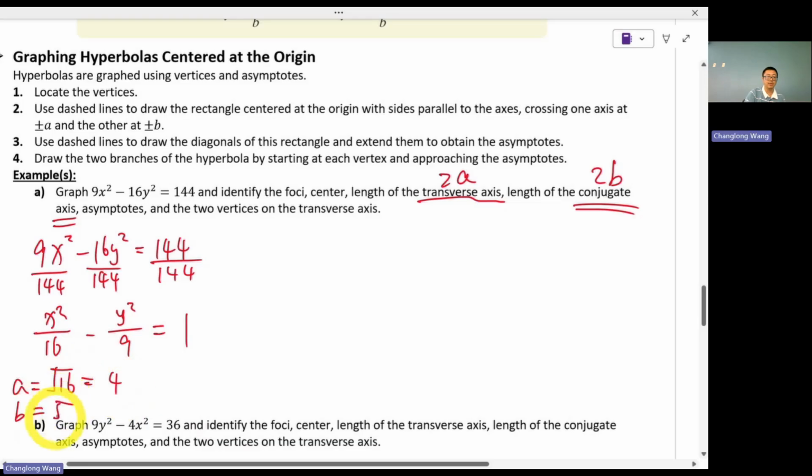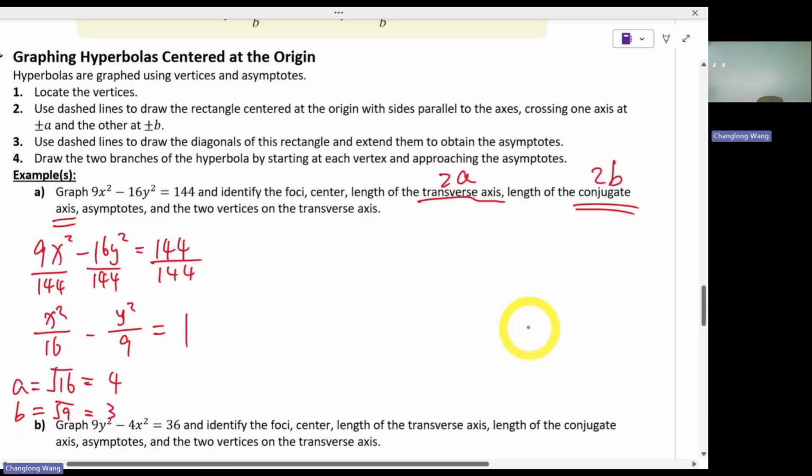And B must be the square root of 9, right, which is 3. But listen to this. Let's say I were to ask a student why you take the 16 as A squared. The student said, oh, we know that A is always greater than B. Therefore, 16 must be A squared. Does that sound right?